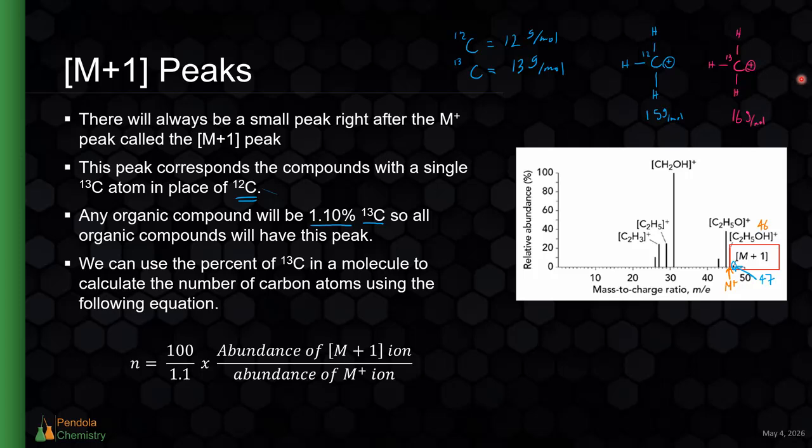Because, let me erase this right here. The difference between these two, and this is ethanol, so the M plus peak here, which is for ethanol where both of the carbons in the ethanol are carbon-12, that molar mass for that ethanol is going to be 46.